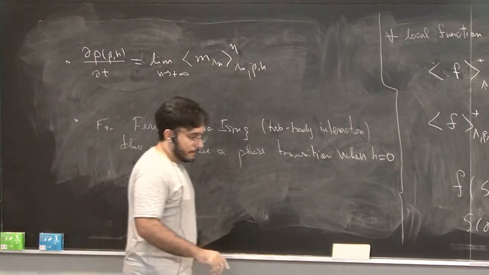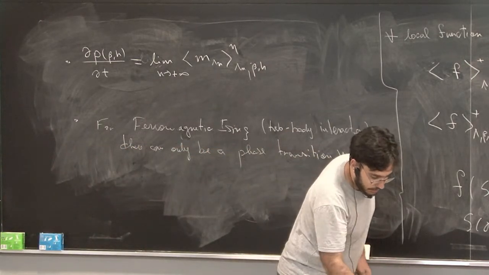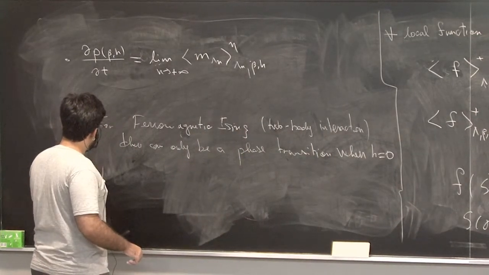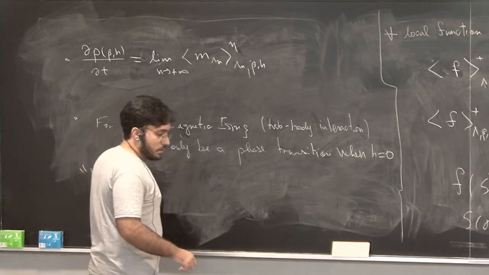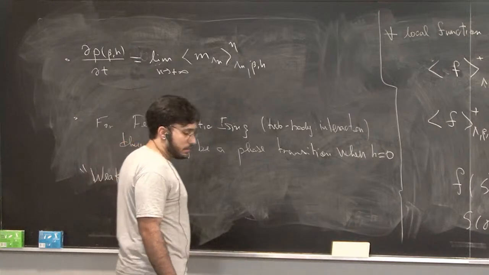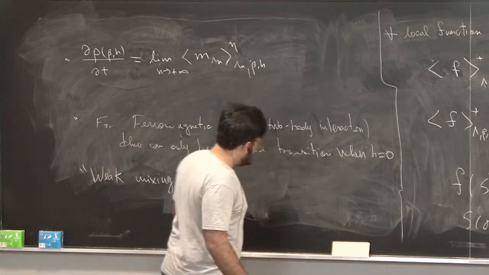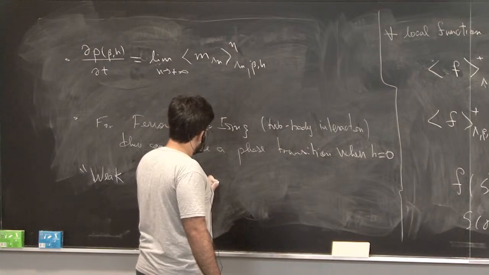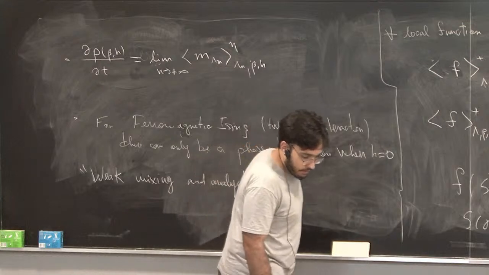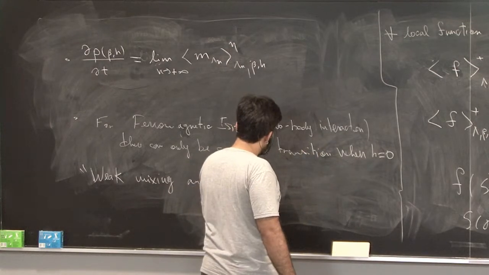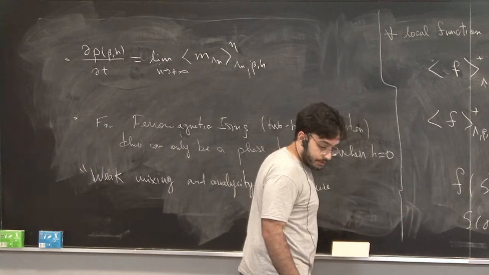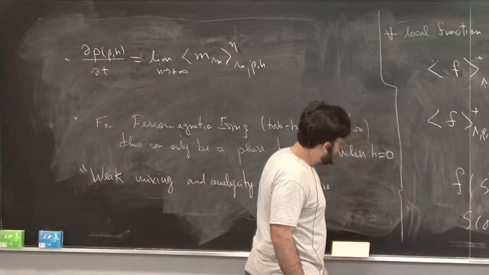Actually, this is a recent result, and if you want to check a proof of this fact, the paper is this one: weak mixing, analyticity of the pressure in the Ising model.